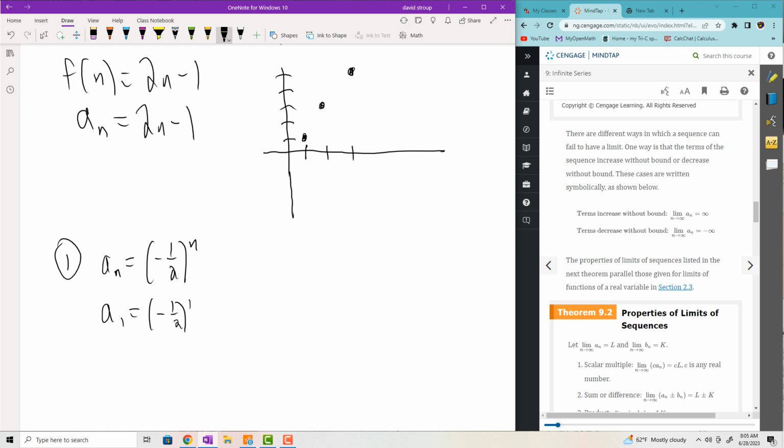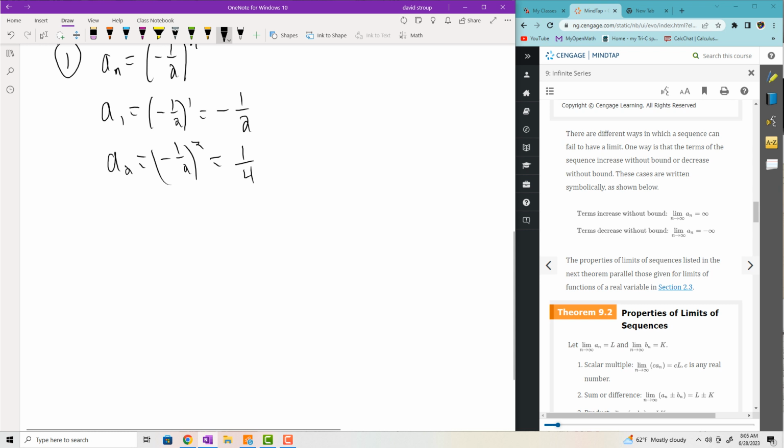It's pretty simple. So you're just evaluating negative 1/2 to the 1, which is just negative 1/2. A sub 2, negative 1/2 squared, that's negative 1/2 times negative 1/2, which is 1/4. And so on and so forth, right? So a sub 3 is negative 1/2 cubed, so this would be negative 1/8.